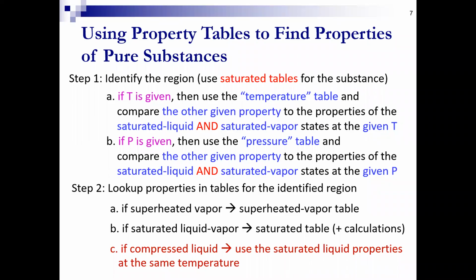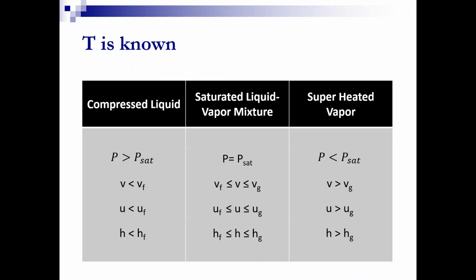Now that we learned how to find the properties from tables, let's tabulate the first step. The first step was to find the region of the material based on the given data.